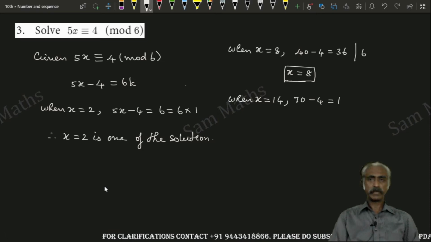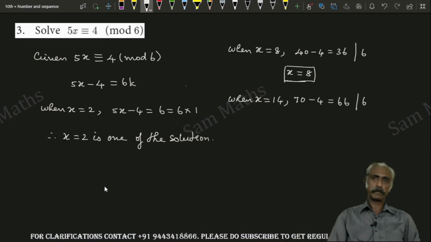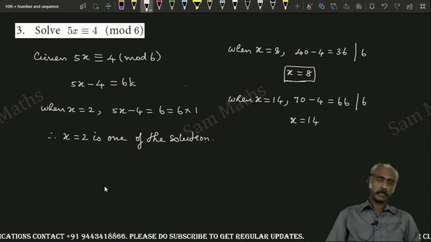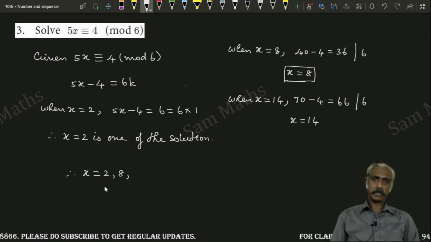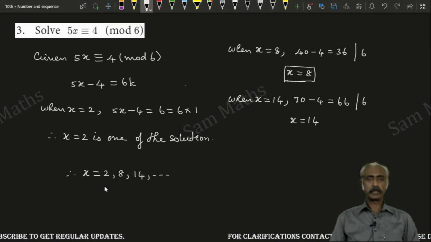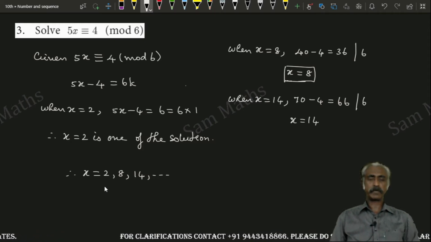So we are getting 66, it's divisible by 6. Therefore another value is 14. Therefore we can write the solution x equal to 2, 8, 14, etc. Clear children? With 2 you add 6, you are getting 8. With 8 you add 6, you are getting 14. So next number will be 20. So it will be like that.